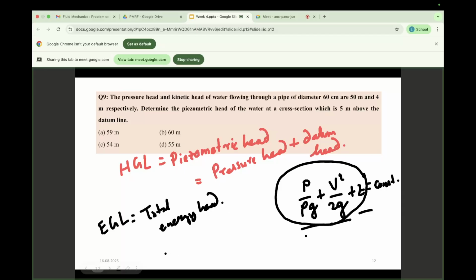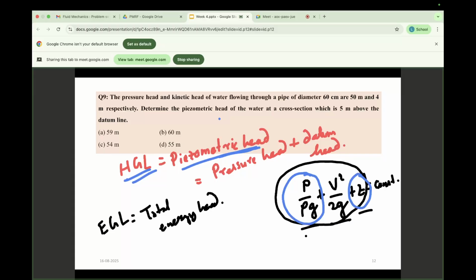And if I only take this term and this term, then it is known as the hydraulic gradient line or piezometric head. So that is basically a name given. The summation of all three terms is known as total energy head, and the summation of pressure head and datum head is only known as piezometric head. So that is the thing.